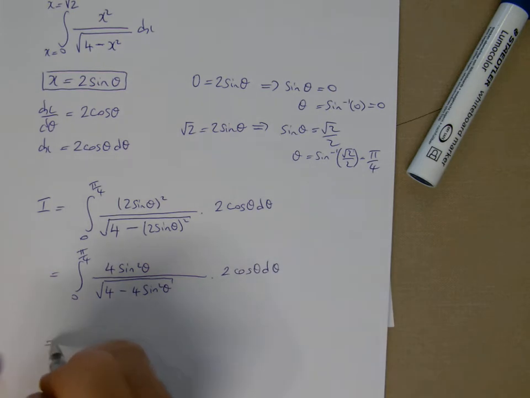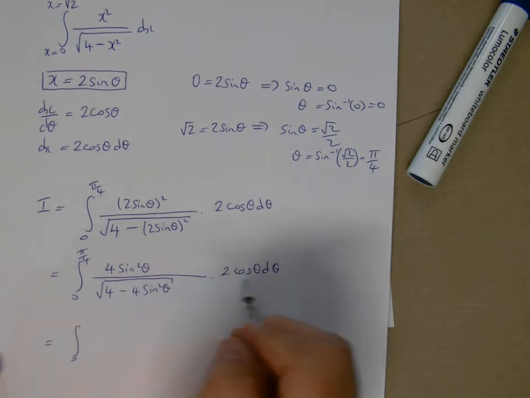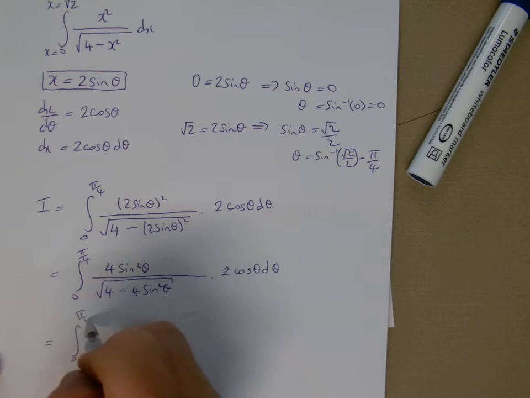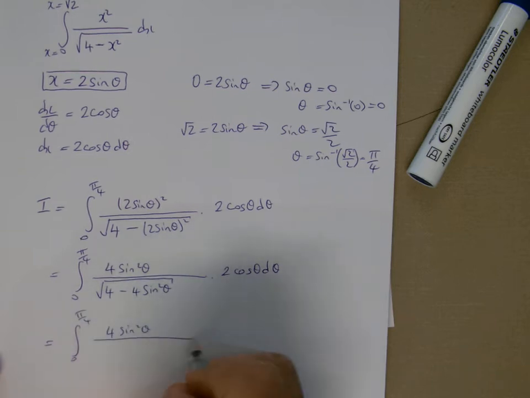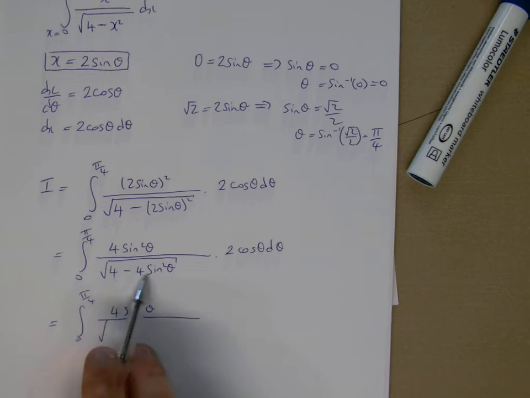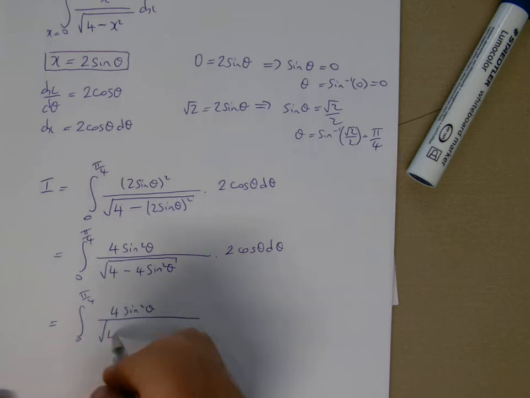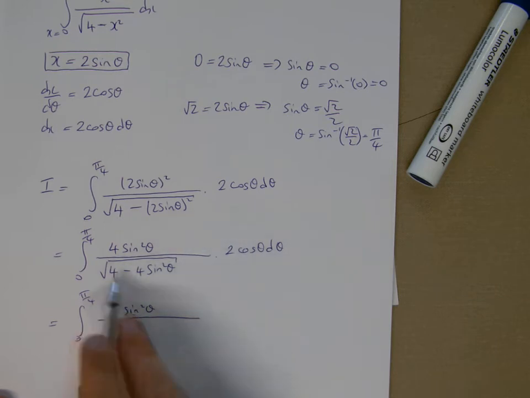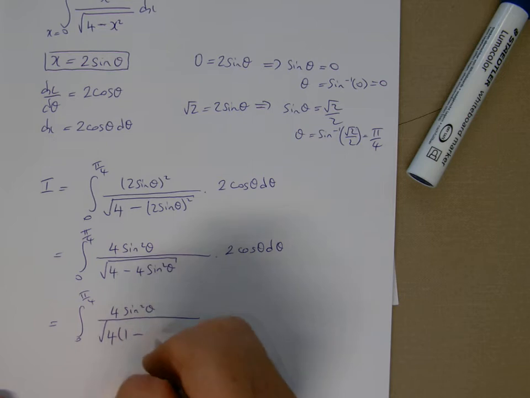Now, because you might be concerned about this 2 cos theta here, leave that as it is for a minute. I'm going to look at what I can get in that square root. If you notice in that square root, we can factorize out a 4, since 4 is a common factor. Factorizing, 4 times 1 gives me 4, and then that will be sine squared.